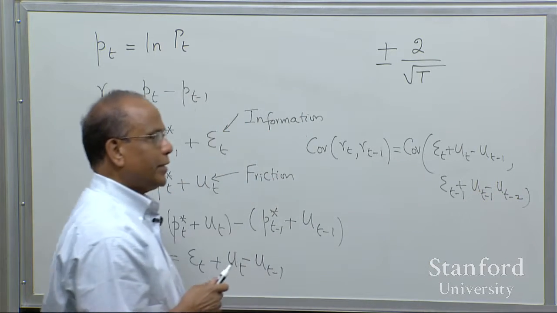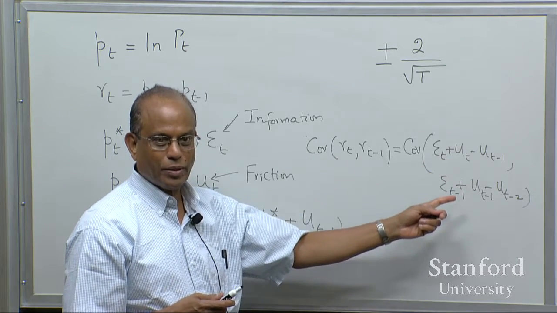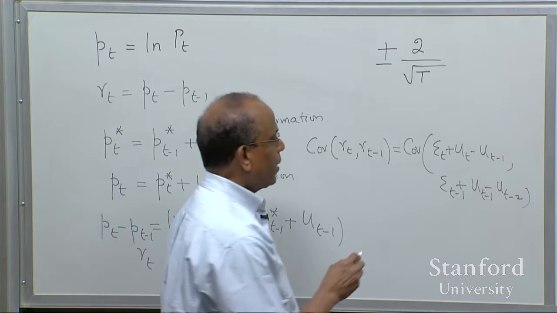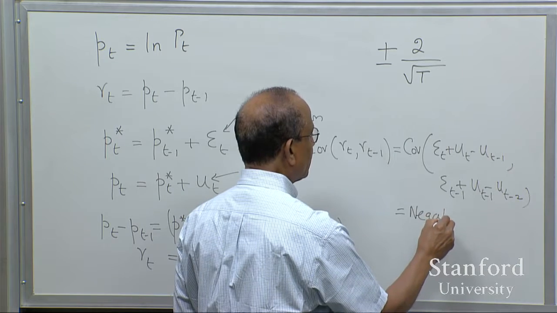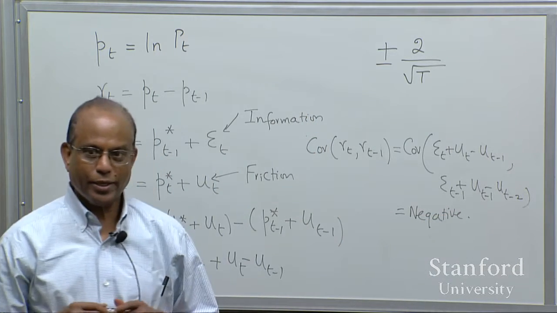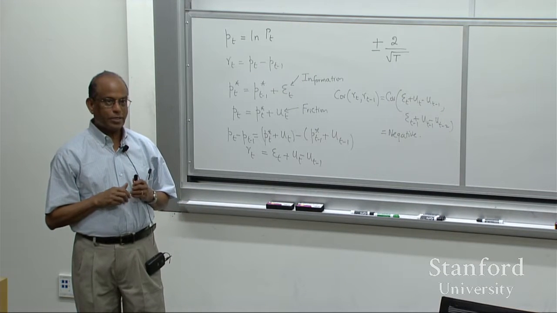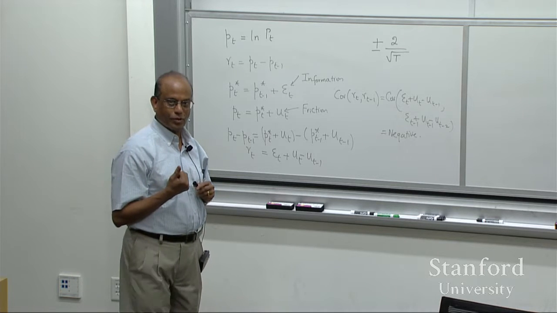If you look at the covariance terms, there is a common term between the two that introduces negative correlation in the data. So you can show that this is a negative covariance. If you use high frequency data, generally you should see a small negative autocorrelation, and that's mainly attributed to the market friction.